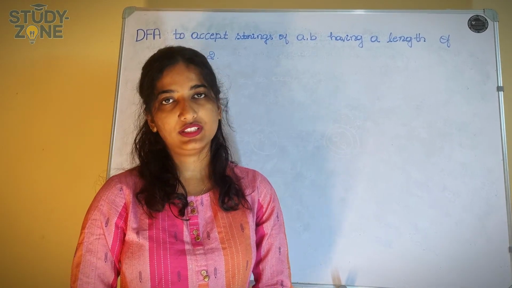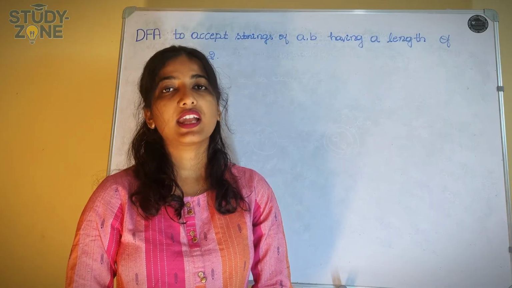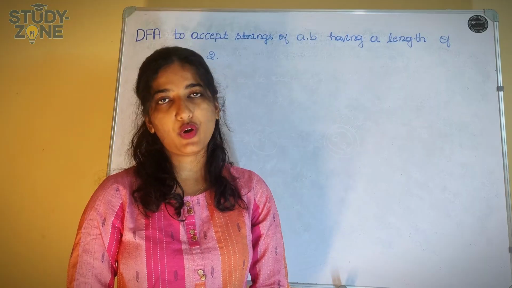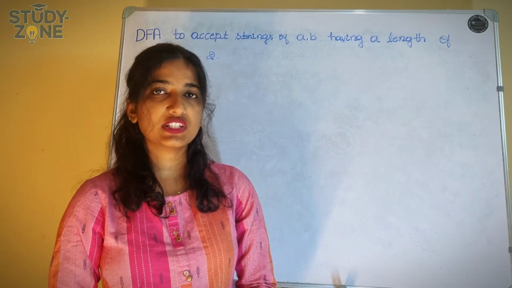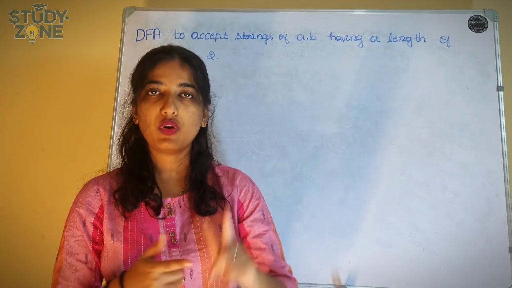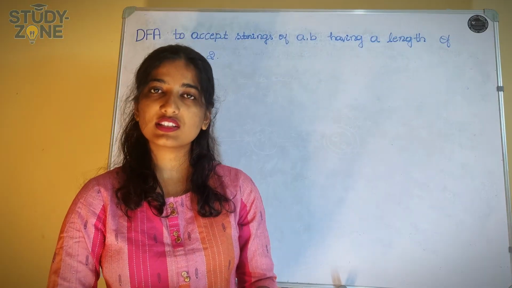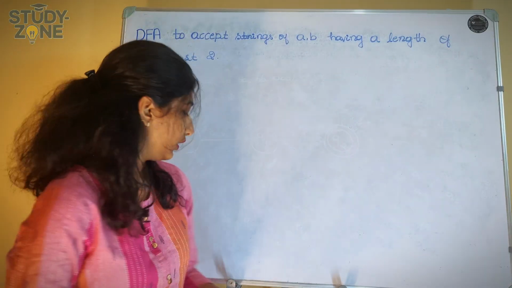Today we are going to learn how to construct a DFA of strings over A and B having a length of at most 2, which means we have to accept a string which has a length of 0, 1, or 2, and we have to reject all strings which have a length of more than 2.